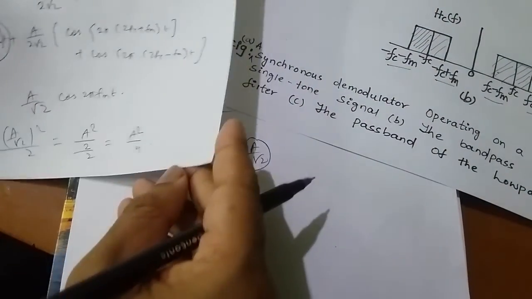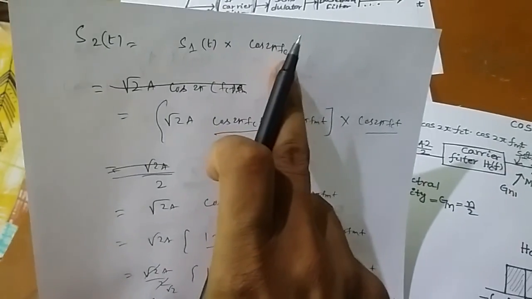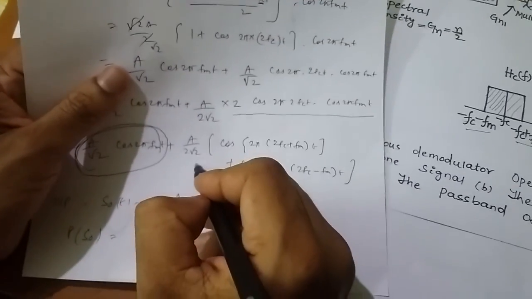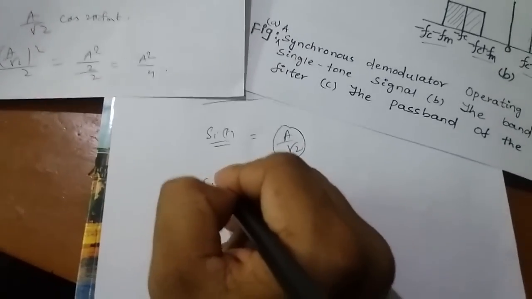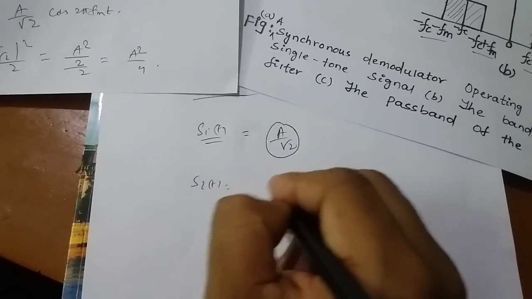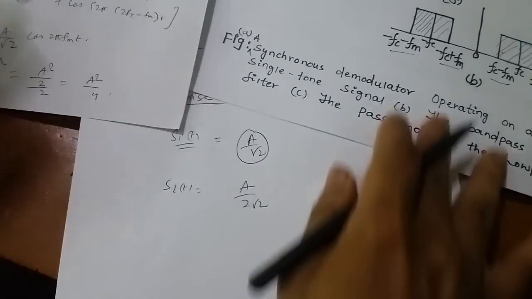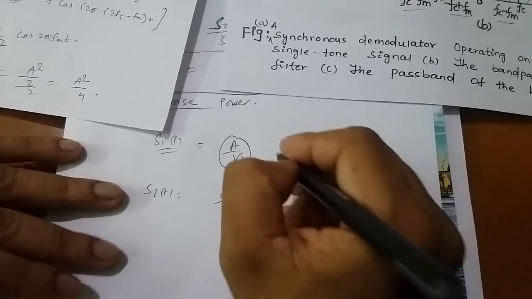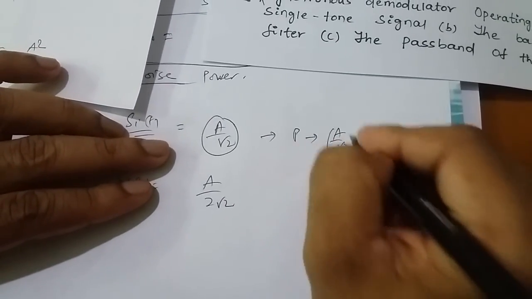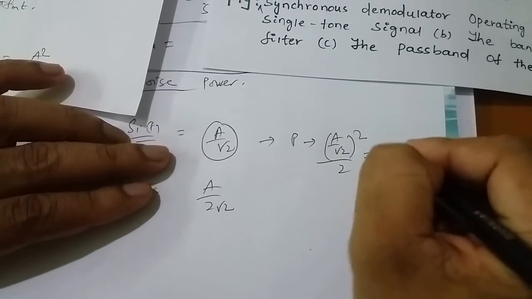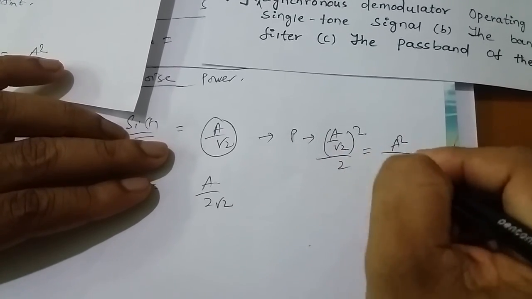Now after the multiplication is done, the amplitude has been decreased to a by 2 root 2. Now see the effect on the power. Its power was a by root 2 squared by 2, that is a square by 4.